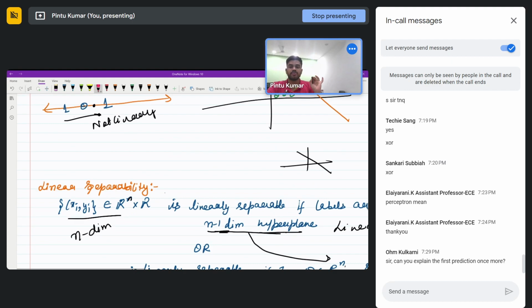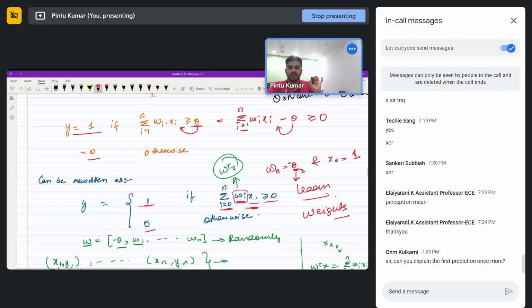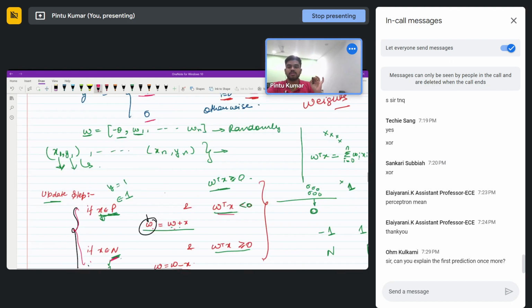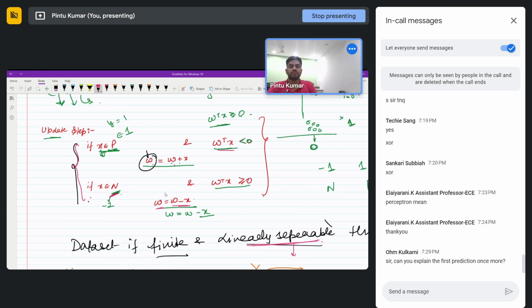Looking at the update condition, we start with every point and see whether my W transpose X satisfies the label it belongs to or not. If it does, then we skip that point. If it does not, then we update based on these conditions. If it is a positive point, then we do W plus X. If it is a negative point, then we do W minus X.